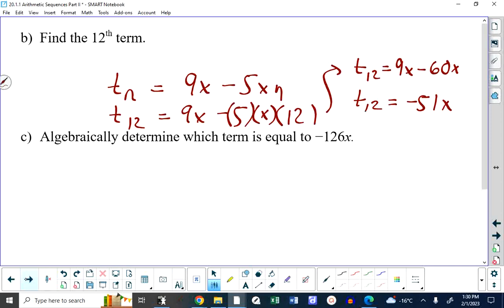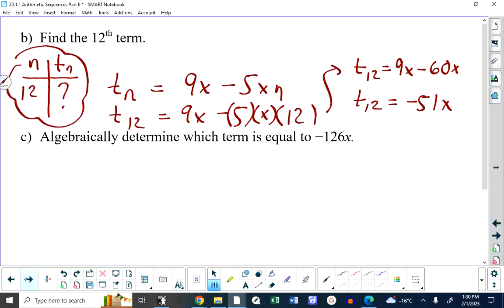Which term is equal to negative 126x? Well, first of all, again, I think this helps some people. In B, this was the nature of the question: n is 12, what's Tn? In C, this is the nature of the question.